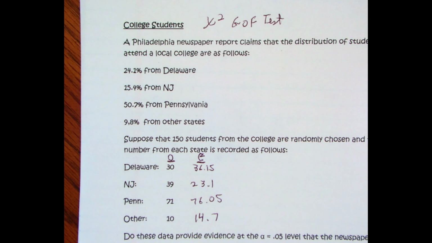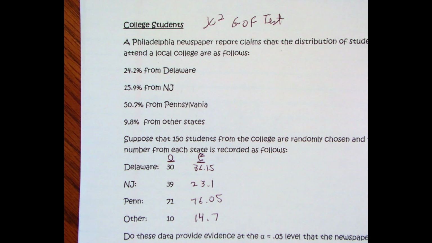Now, when you're looking at your data, your expected values can be decimals because they're what you expect them to be. Hypothetically, you might be saying, well, how can I expect to have 36.15 students? You can't have 0.15 students, and you're right.